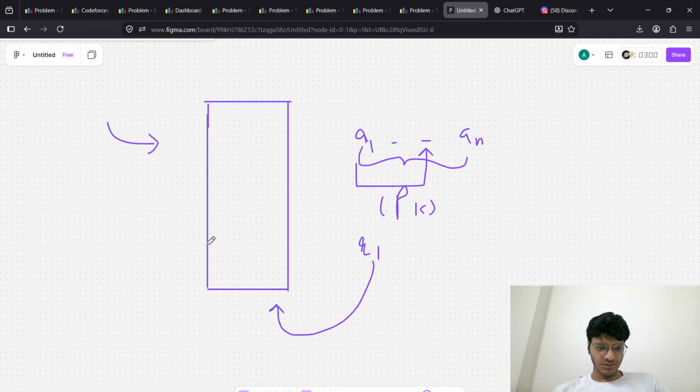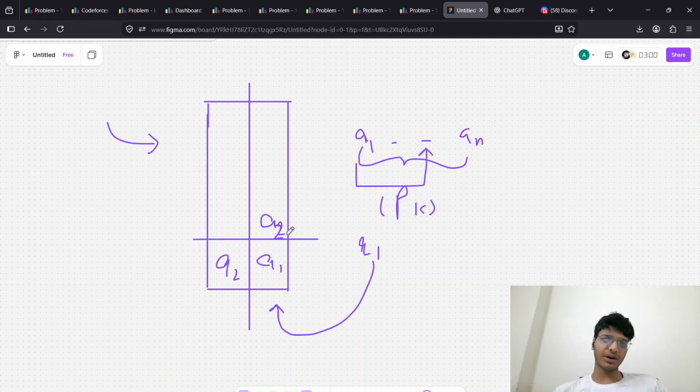Let us suppose here we put A1. So here will be the shelf. Then we will put A2. A2 can be put here or here, it depends on us, since the bottle width is one and the total width of the fridge is two.